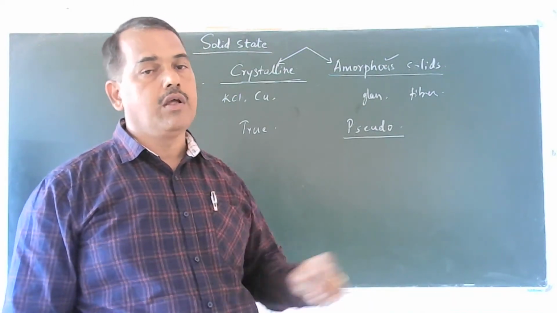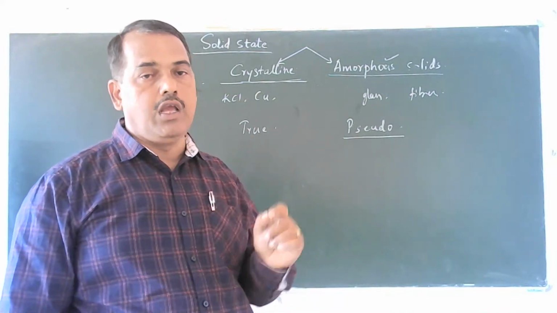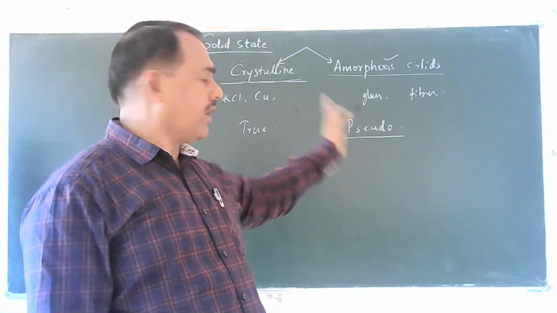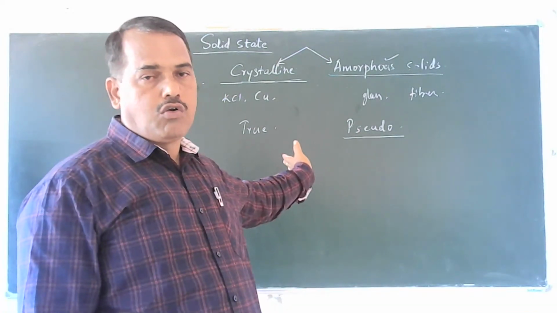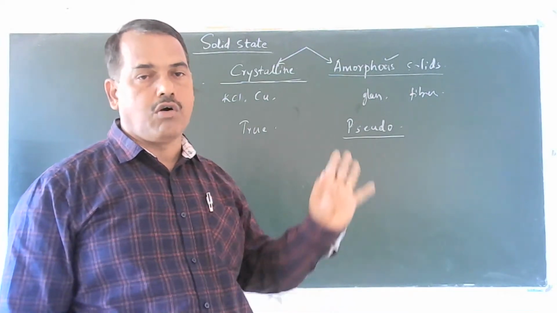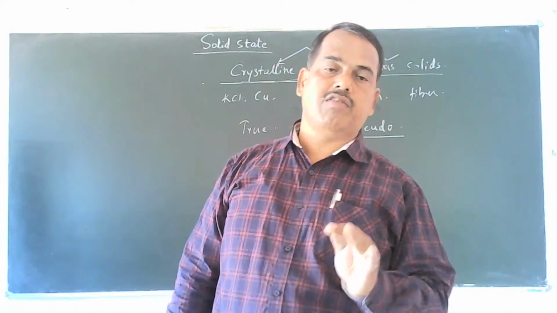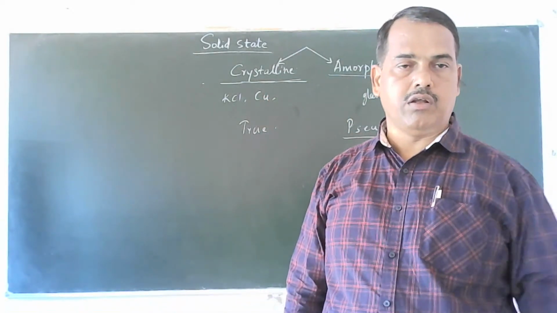They have a sharp melting point, and amorphous solids have a range of melting point. They can cleave with a clean surface, and amorphous solids cannot cleave with a clean surface, giving a rough surface. Crystalline solids are called true solids, and amorphous solids are also called pseudo solids or supercooled liquids.